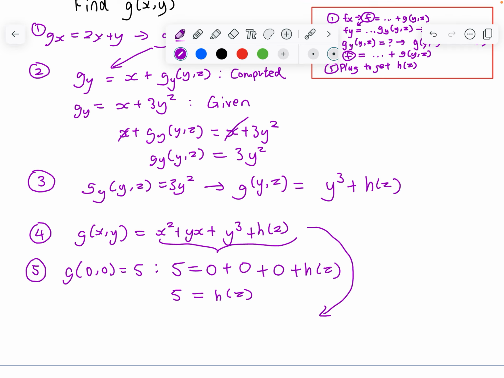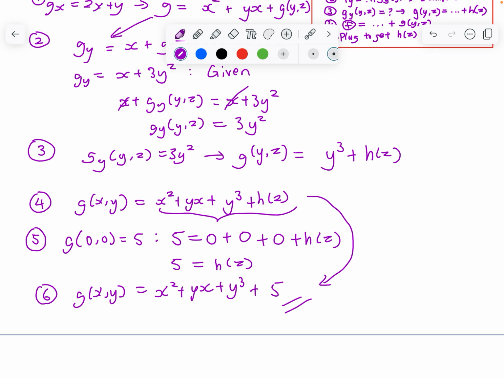To finish our last step, we just copy down what we already wrote and plug in the missing function h of z, which is 5. So instead of h of z, this would be 5. So our final answer is g of xy equals x squared plus yx plus y cubed plus 5. And that is our answer.